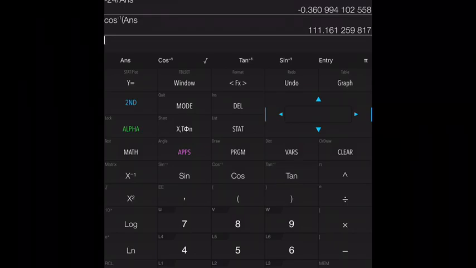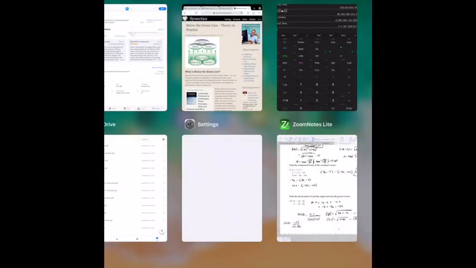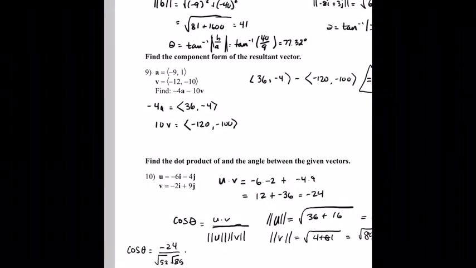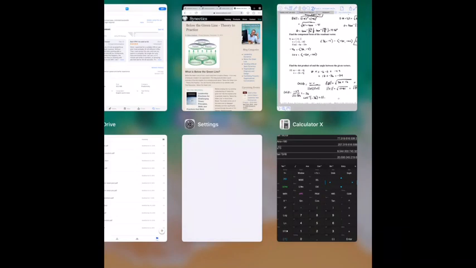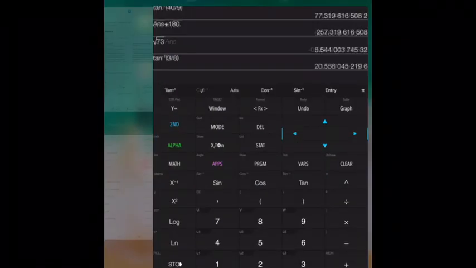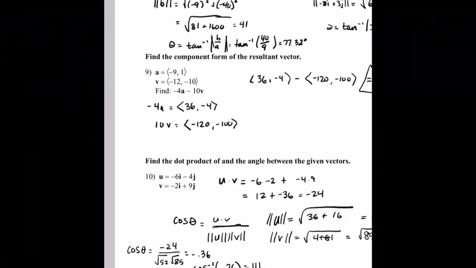And we get 111.16. So the inverse cosine of negative 0.36 was 111.16. So we have the dot product and the angle between the two vectors.